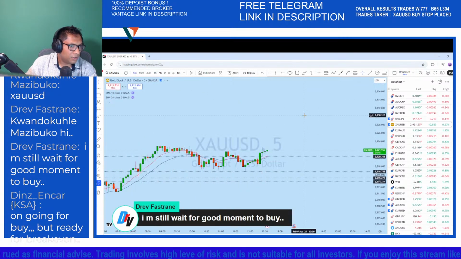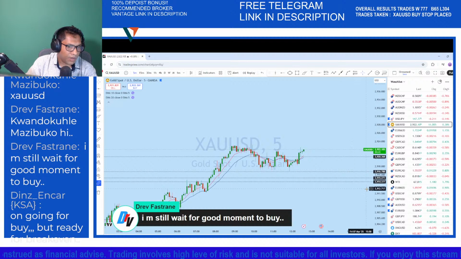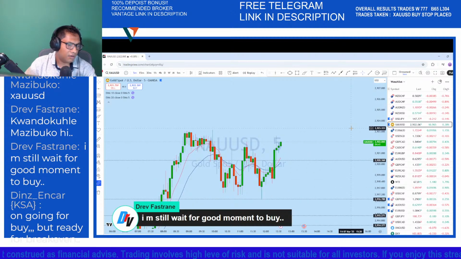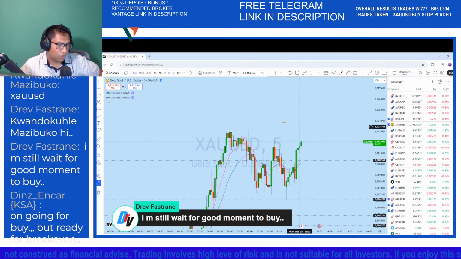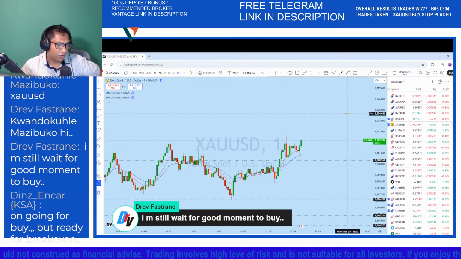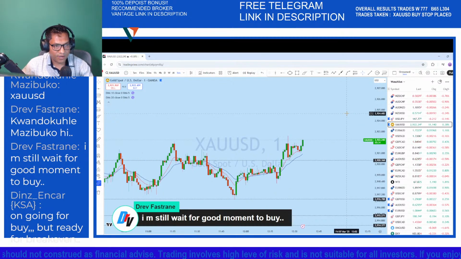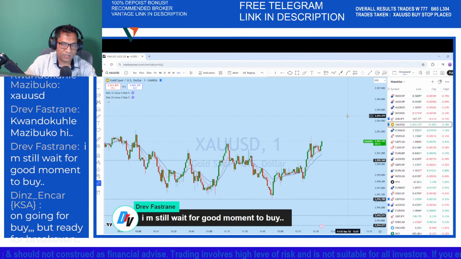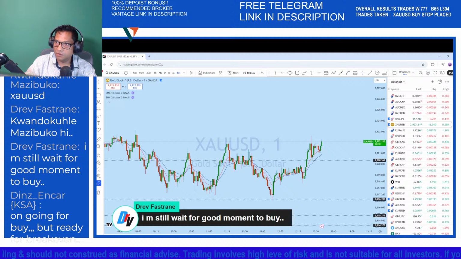So we can place, but I think it's going to be a little risky at the moment. So waiting for the market to give that correct entry, and then we will be looking into that.